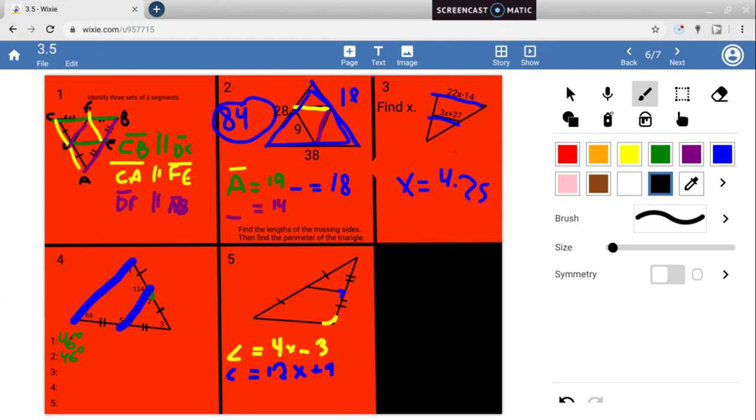Now we know that the ones that are actually consecutive interior are going to be 1, 34, and 5. So, let me try this again. Okay, 46. So we find that 5 is 46, and that is not correct either.